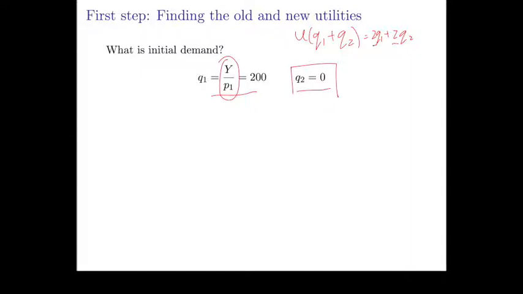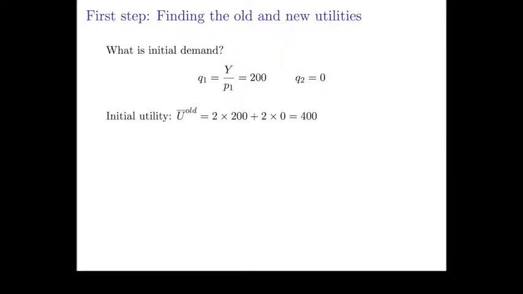Since the price of good 1 is 1, they buy 200 units of good 1. So their initial utility, the old utility, is 2Q1 plus 2Q2. Q2 is 0 and Q1 is 200, so it's 2 times 200 plus 2 times 0, which is 400.